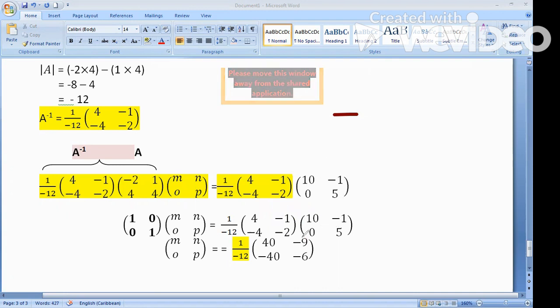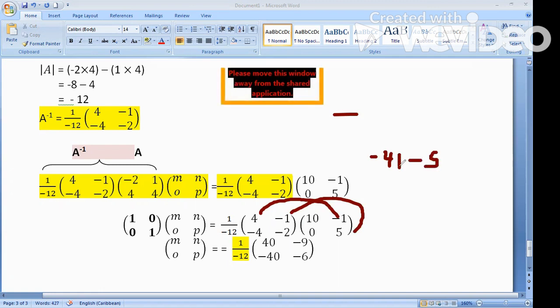The one over here now, the -9, so it's 4 times -1, which is -4. And then -1 times 5 is -5. So remember, we're adding. So it's -4 plus -5, which is -9.